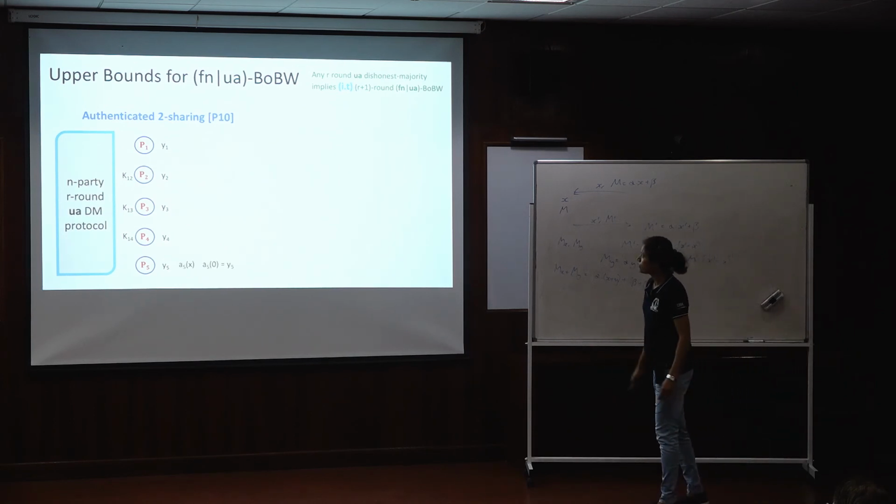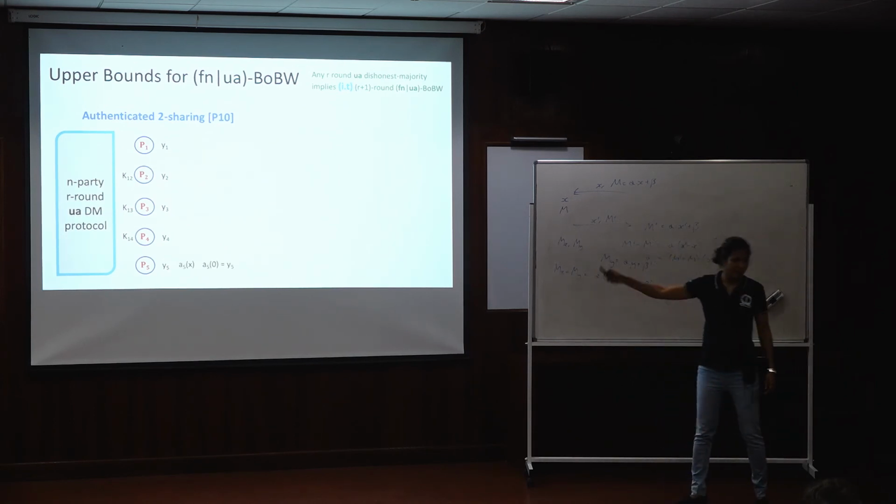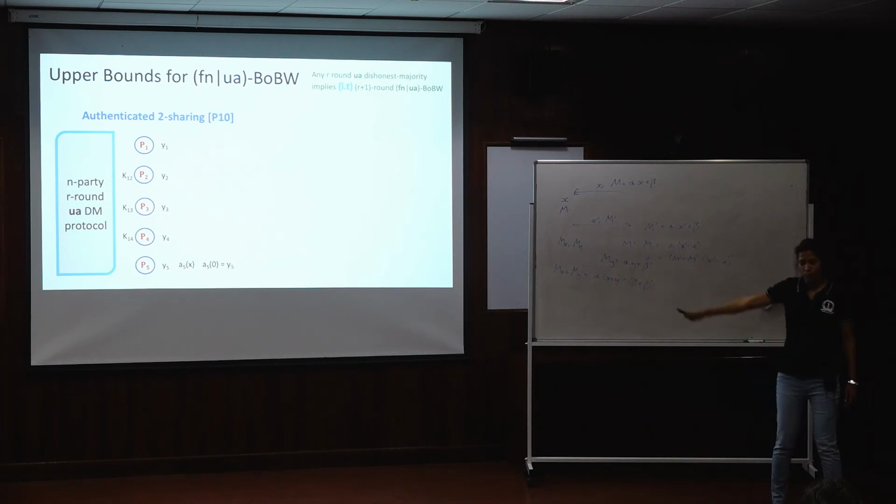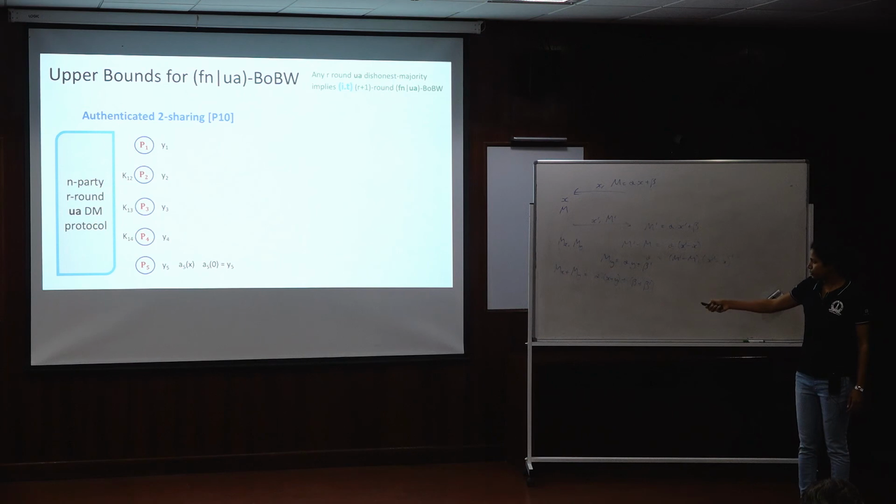So, I am just going to show you quickly what is the difference. The new MAC is also very simple. For instance, I am trying to build a MAC for this last share, the last value.